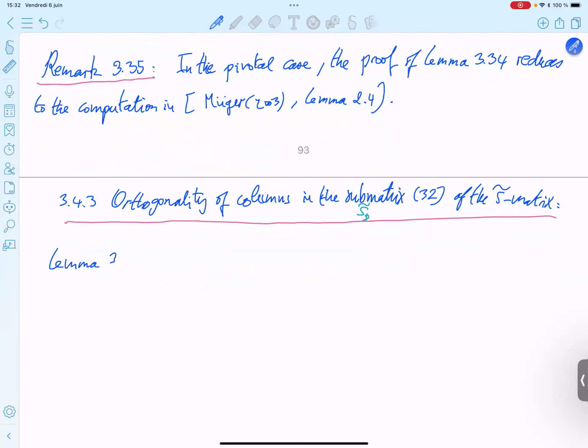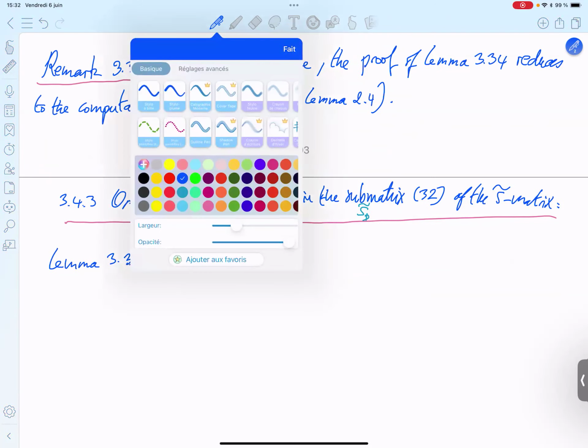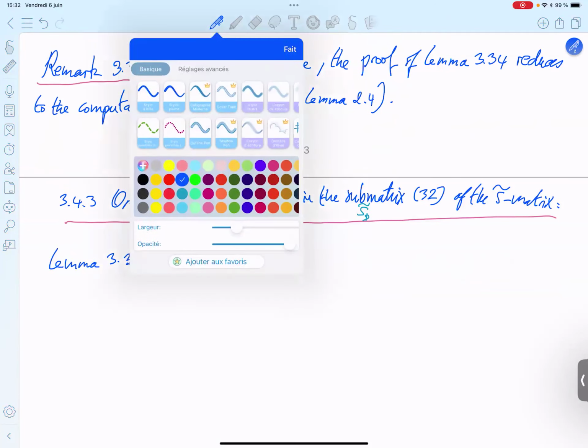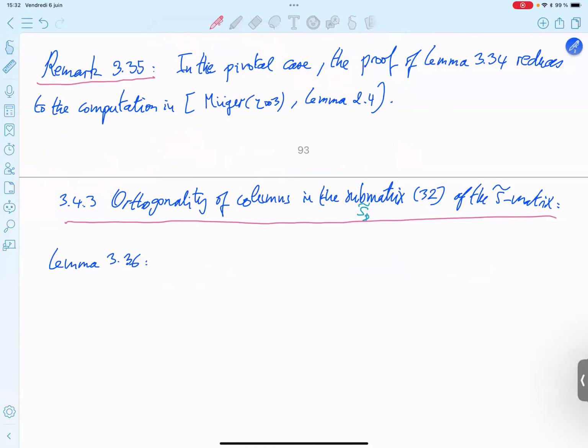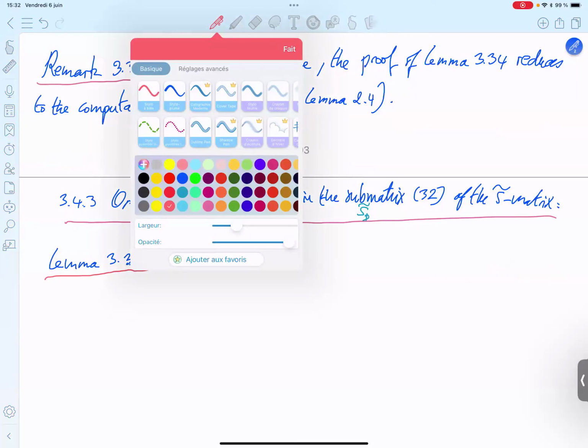Saying that if two simple objects lie in the same D prime component, then their corresponding columns are equal as vectors, or in other words, the corresponding functions are equal.